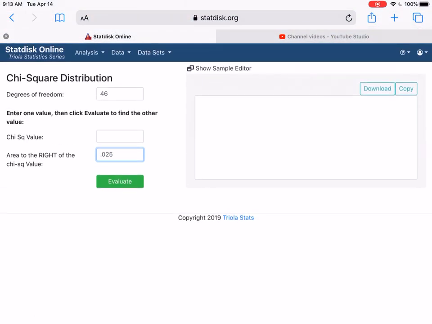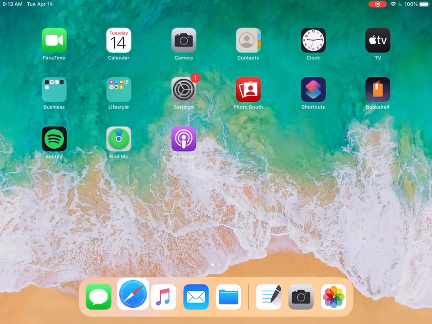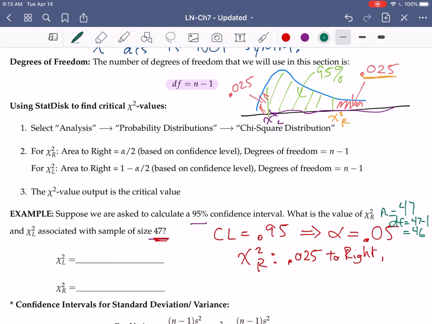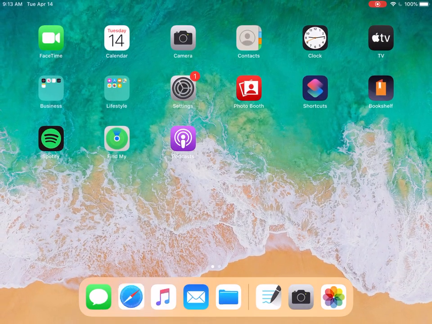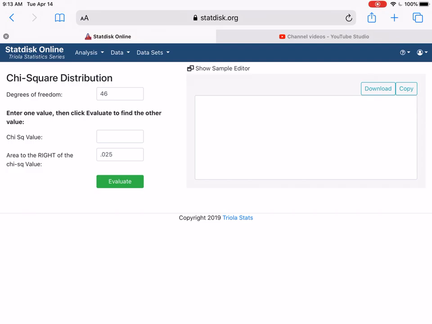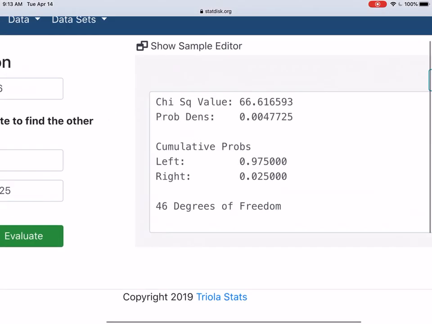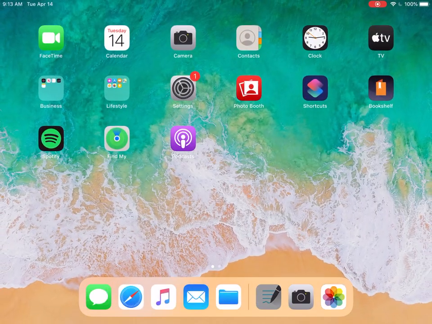Let me go back and just double check this before I evaluate it. So our degrees of freedom was 46, and 0.025 is the area to the right of the value we want. And so we can evaluate this. That chi-squared value of 66.62, that is our critical chi-squared value.